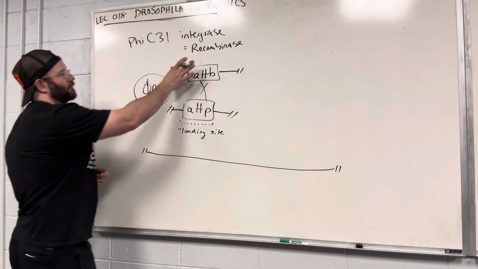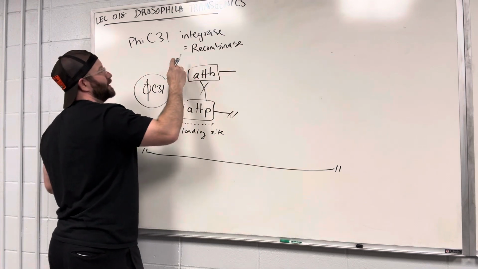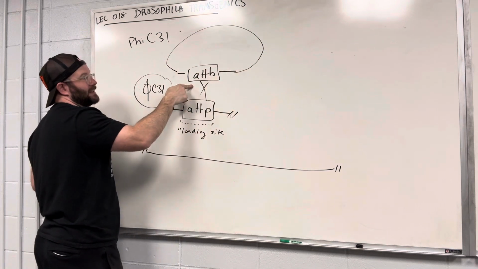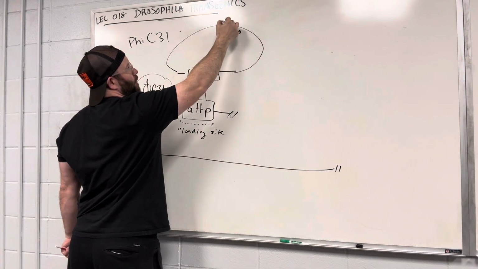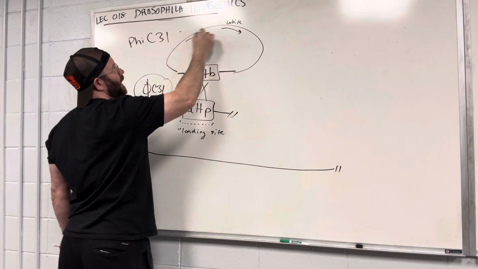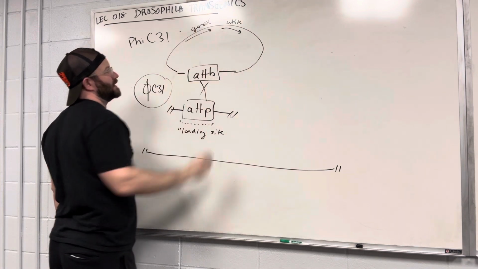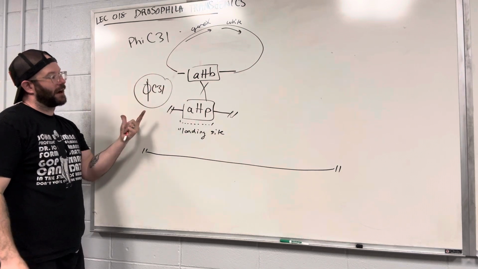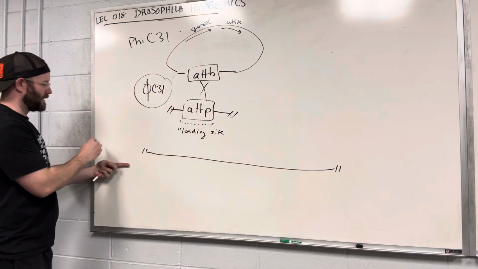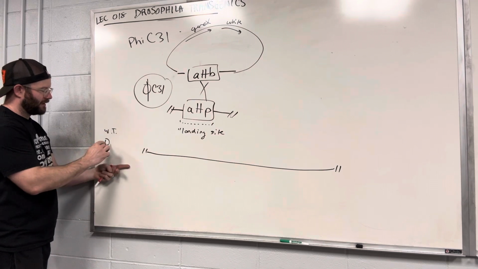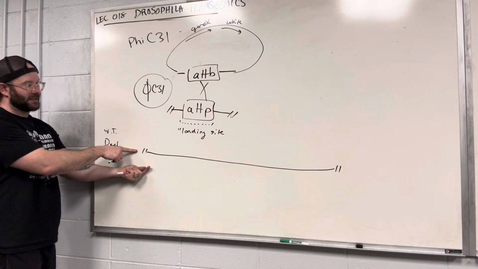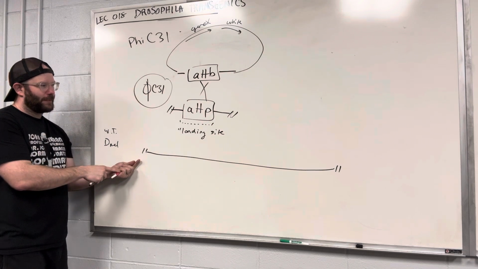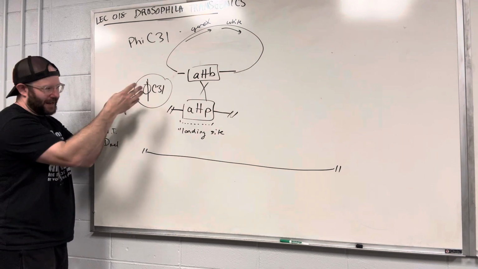If you want to recombine a plasmid that has this attB with, say, your marker, your mini white, and some gene X, and you're going to use PhiC31 to do that, what's the problem with the wild type D. mel chromosomes, which look like this? Do they not have the site? They don't have the attP site.